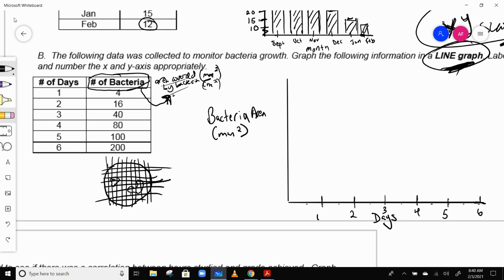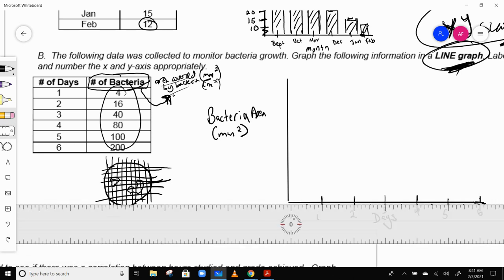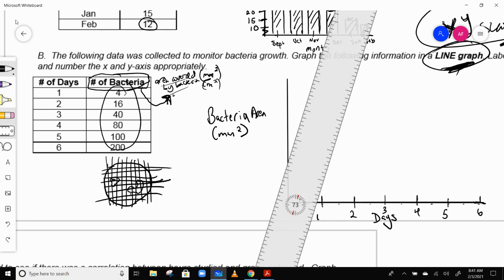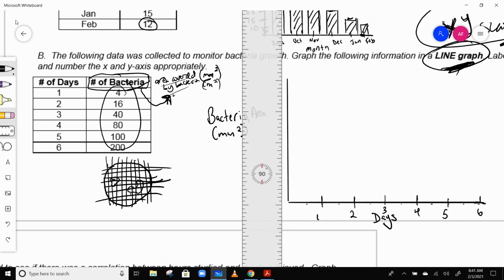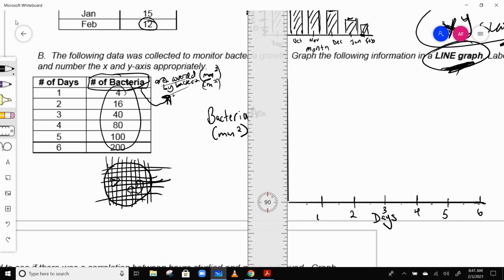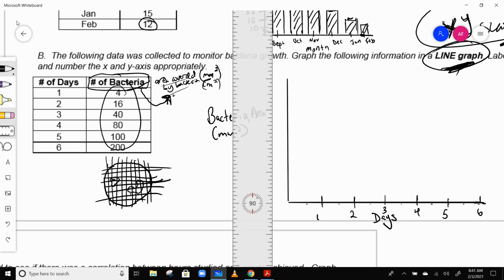Okay, now this scale is a little bit tough. I have 4, 16, 40, 80, 100, 200. This is a tough one, right? Let's space it out first, see how much.